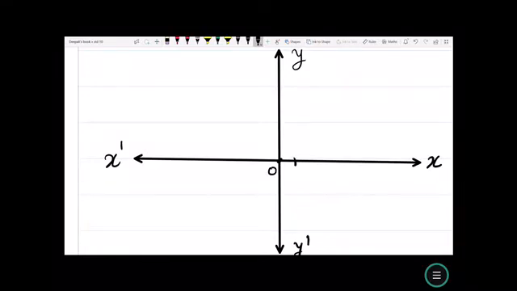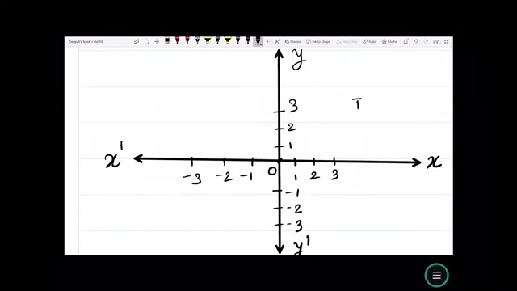We know that this is the origin. We represent this by 1, 2, 3, this by -1, -2, -3, this by 1, 2, 3, this by -1, -2, -3 till infinity. We know that this is called the first quadrant, second quadrant, third quadrant, and fourth quadrant.